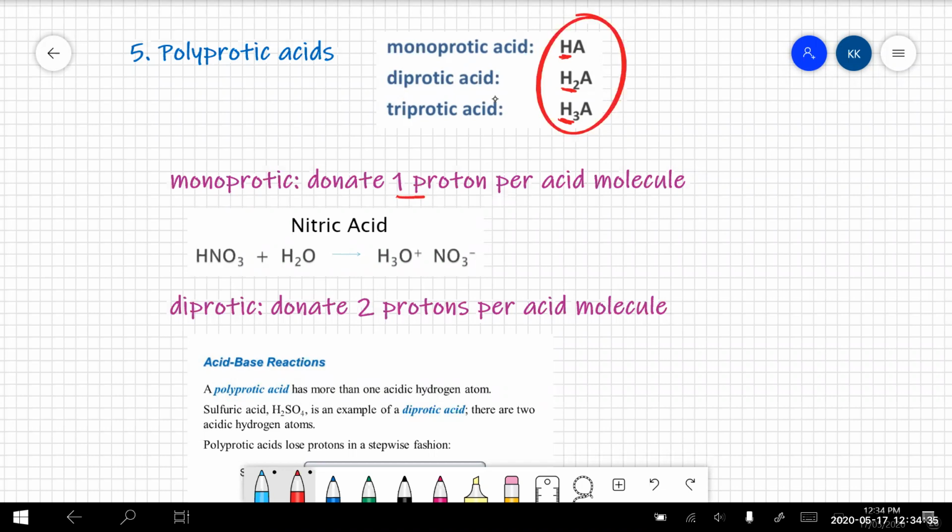Monoprotic donates 1 proton per acid molecule. HCl we've seen before as an example, HNO3. You can see that it's making 1 hydronium ion per acid molecule.